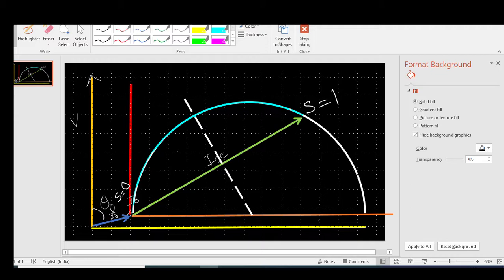Now, how to proceed? See, we have already figured out the portion of constant losses, that is in between this saffron line and this yellow line.